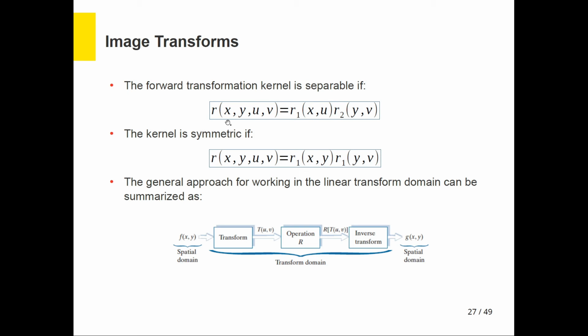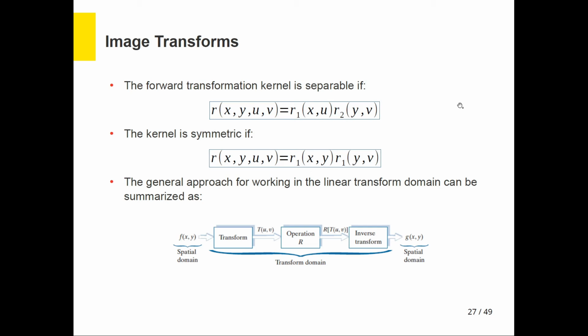In this case, R(x,y,u,v) is equal to R1(x,u), which basically does the conversion for the rows to the transform domain, multiplied by R2(y,v), which does the conversion for columns to the transform domain. We say the kernel is symmetric if R1 and R2 are exactly the same.